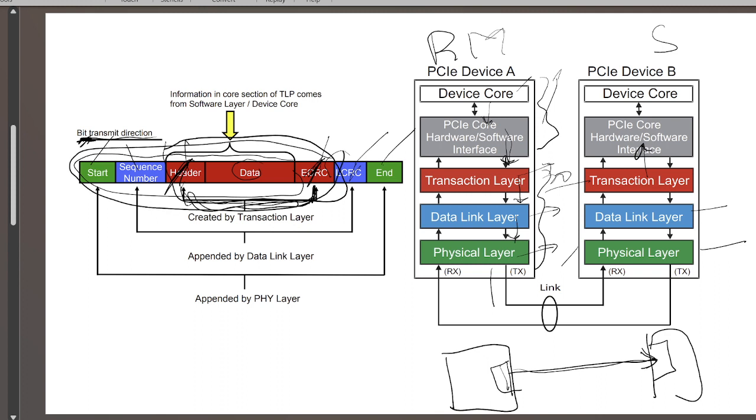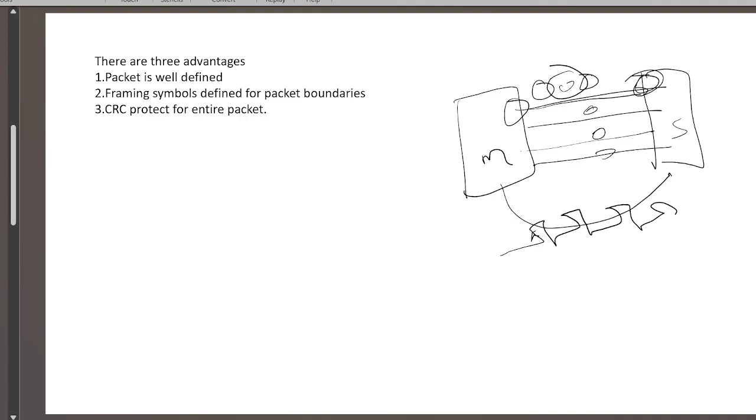Whenever you send data from transmitter to receiver, master to slave, without a packet, you are sending the transaction over wires. The data may be corrupted at the receiver end, and you have no option to check anything. CRC will help you detect that error. So if a packet has an error, we have to resend it, which increases data integrity. In this way, packet formation is very helpful to increase performance.